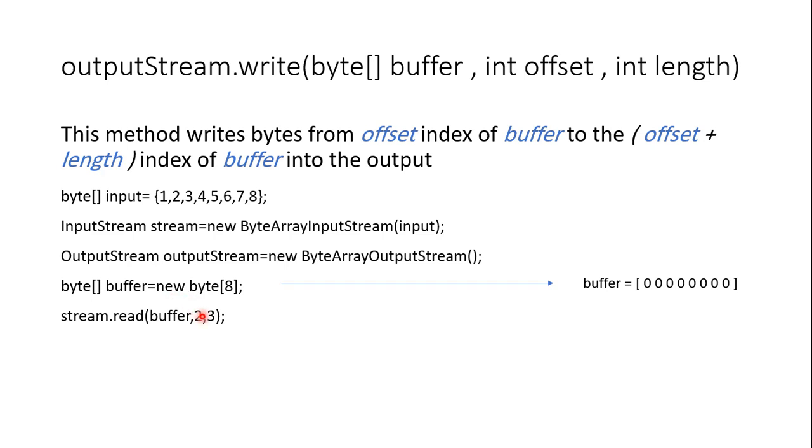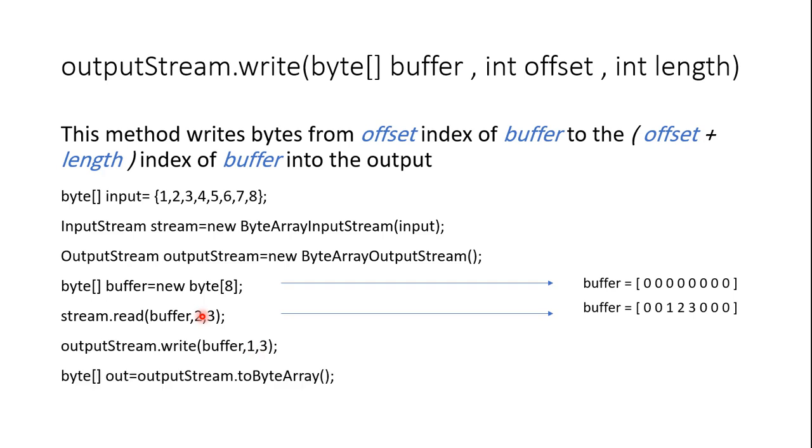After that, the buffer array looks like this. Now, we want to write these 3 bytes of the buffer array into the output. We can say pick 3 bytes from index 1 of the buffer and write that. Now the output is like this.